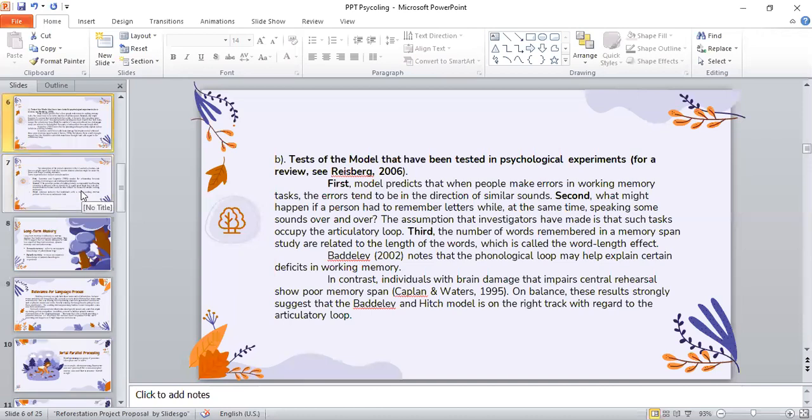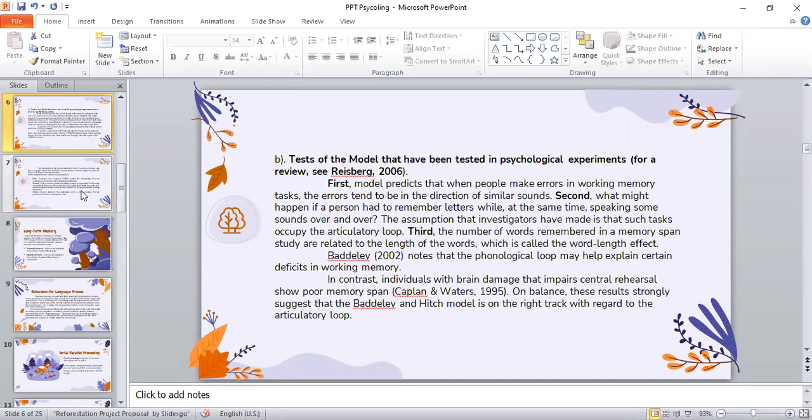By Baddeley and Hitch in 1974, the second task leads to articulatory suppression, which in turn leads to reduced memory overall and in particular a reduction in similar sound errors.